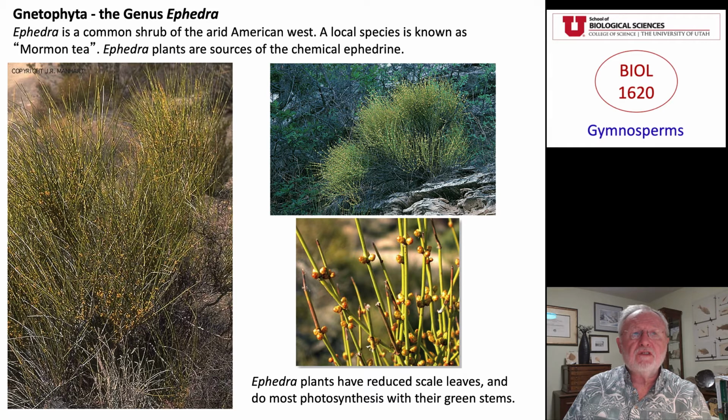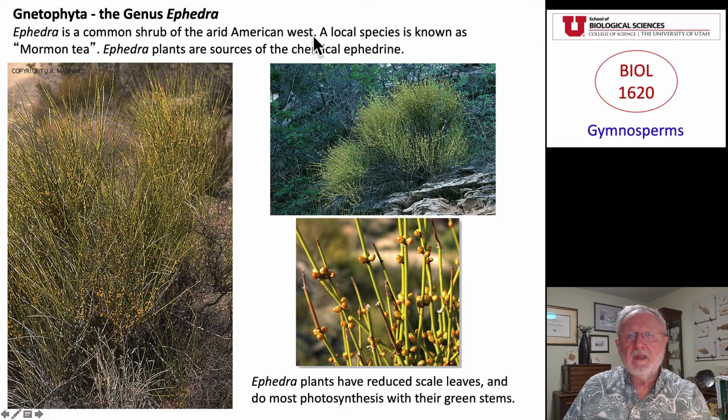One of the more ancestral groups is the Anitophyta, and here we have a plant which might sound fairly local. It's the genus Ephedra, and Ephedra is known as Mormon tea. How it got that name, I don't know. Many ephedra plants are the source of the chemical ephedrine.